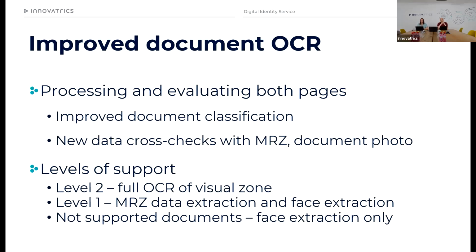Now we added level 1, which is the extraction of the machine-readable zone data, and also the face extraction from the document. So this way we have expanded the document support by some 1,000 documents. And of course, for the not supported documents that have no machine-readable zone, we provide the face extraction from the document.